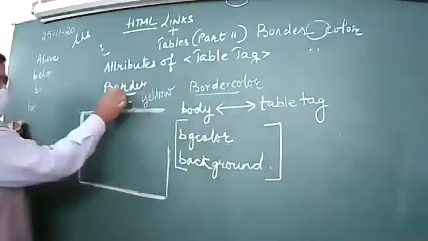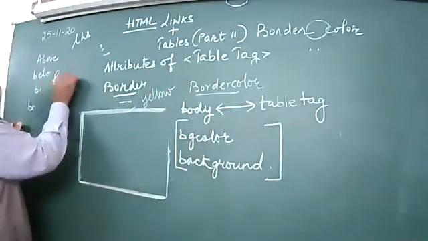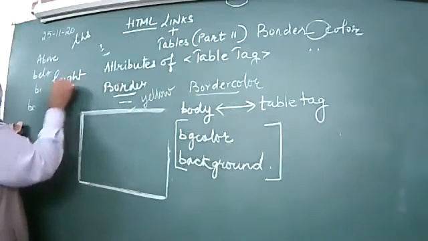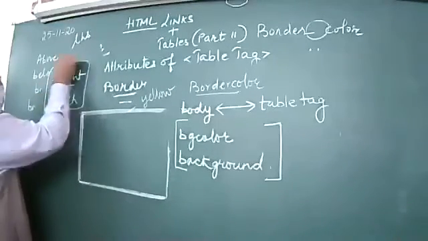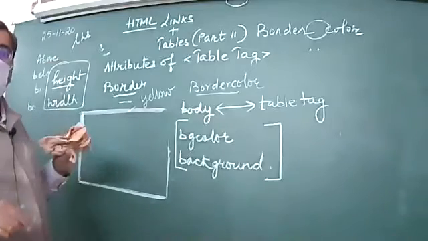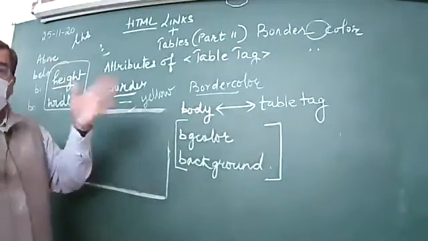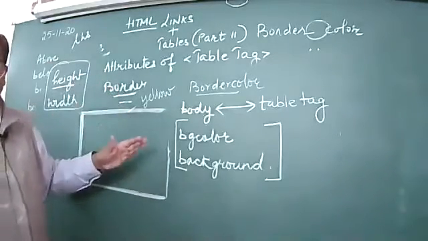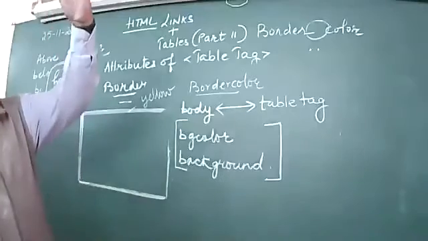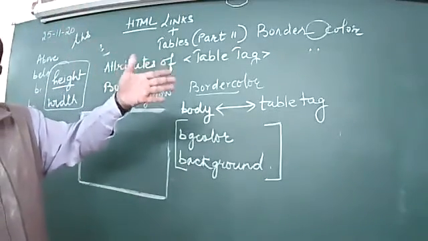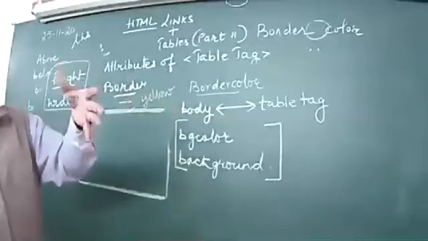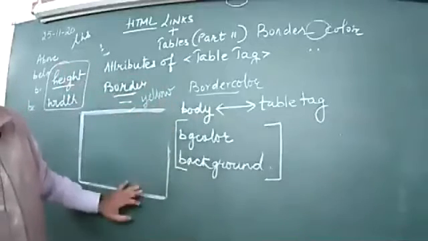The next two attributes are height and width. Height and width attributes are used to specify the length and the breadth of the table. How much height it is having, how much width, how much area of the web page it will cover.